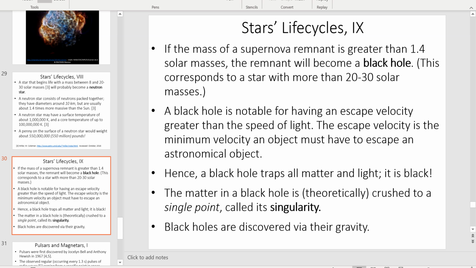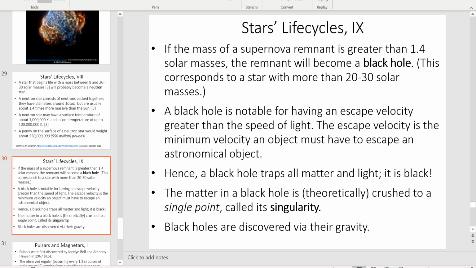So if a star produces a remnant after it explodes in a supernova that is too massive, it will collapse into nothingness. It cannot even be a neutron star. And a black hole is called a black hole because nothing can escape it. Actually, there's a little caveat to that, which I'll get to, but basically nothing can escape a black hole. And the reason is that a black hole has such a tremendous gravitational pull that not even light can escape.